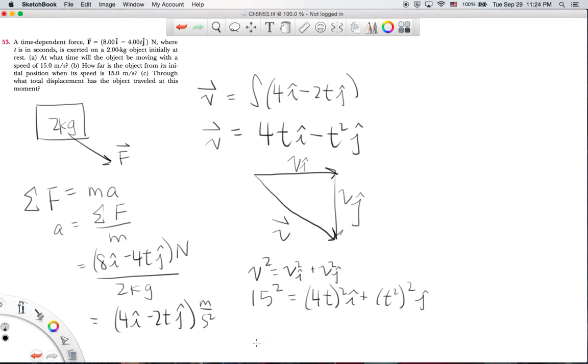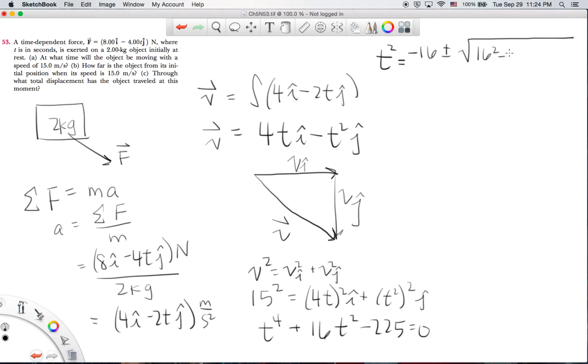So if we move this all to one side, then we get t to the fourth plus 16t squared minus 225 equals 0. So this is a quadratic equation. So if we use the quadratic formula, we get that t squared equals negative 16 plus or minus the square root of 16 squared minus 4 times 1 times negative 225, divided by 2 times 1, so you'll get that t squared equals 9 or negative 25, but that's not possible because time is positive.